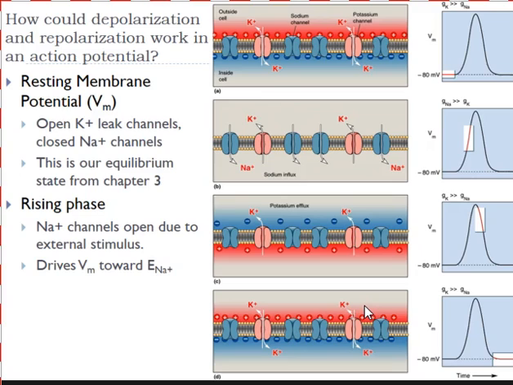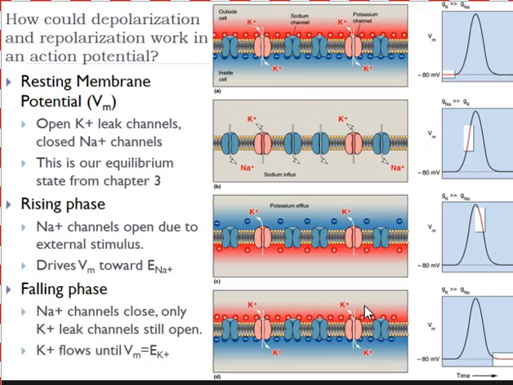And then what we could do to get back to rest is we could just close those channels again. So if we close those sodium channels that we had just opened, at that point, we're starting up at this peak. We had a pretty positive membrane potential because we opened a bunch of sodium channels, but now we've closed them all. So what will happen is potassium ions will continue to flow down their concentration gradient.